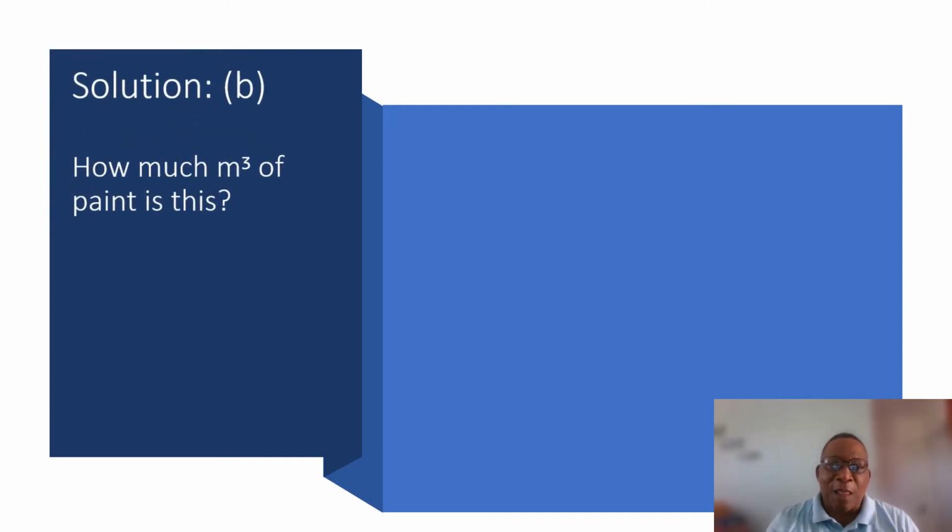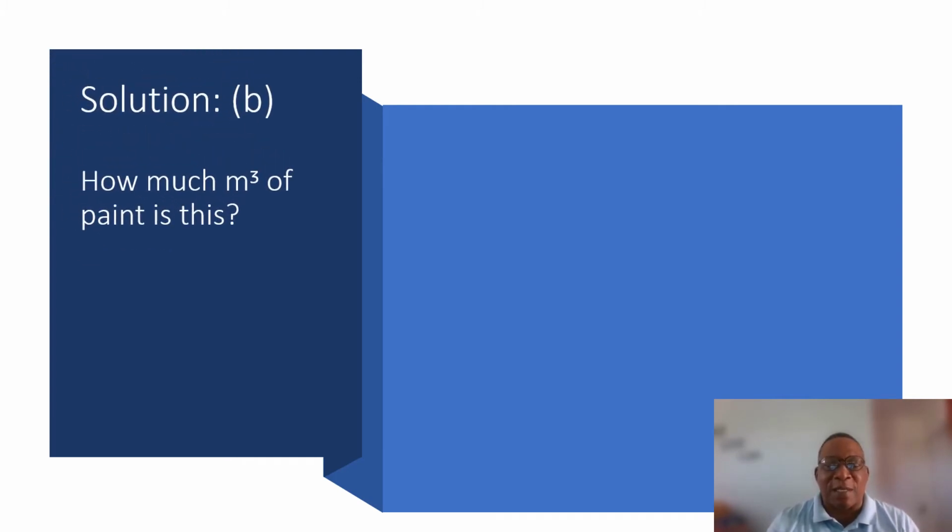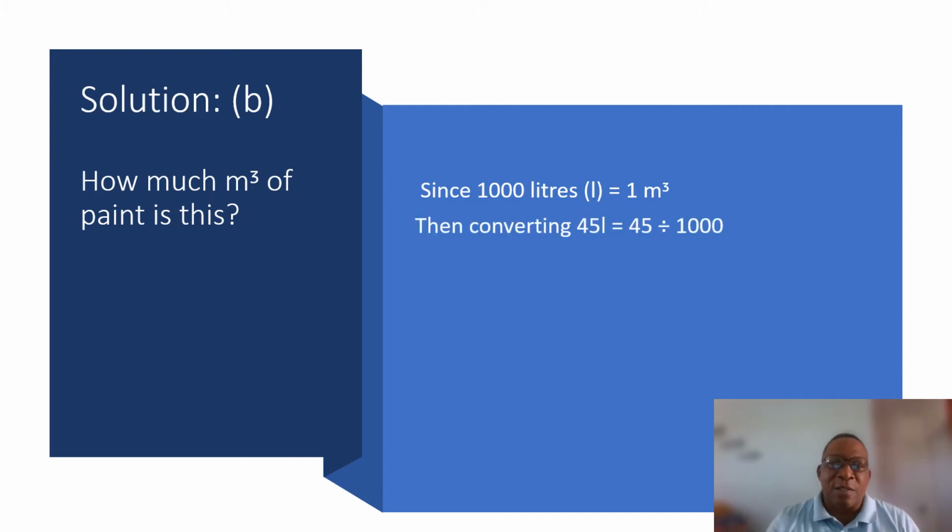Now let us look at B. How much cubic meters of paint is this? First, we must convert liters to cubic meters. Since 1000 liters is equal to 1 cubic meter, converting 45 liters would be 45 divided by 1000, and that would give us 0.045 cubic meters.